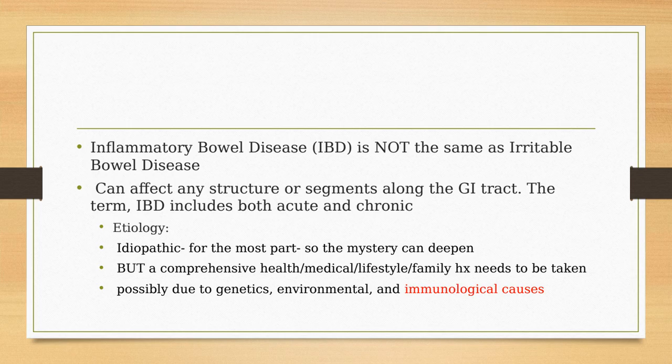All right, so inflammatory bowel, it's not the same as irritable. Inflammatory means there's an inflammatory process in the small intestine or the large intestine that is causing disruption to the continuation of the digestive process. It can affect any structure along the GI tract and can be both acute and chronic. Usually the chronicity is idiopathic, which means we have no idea where it's coming from.